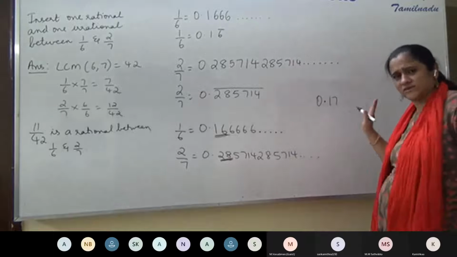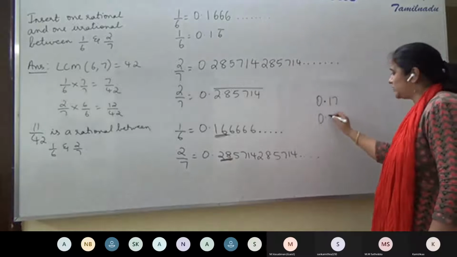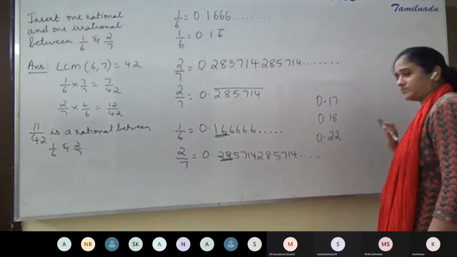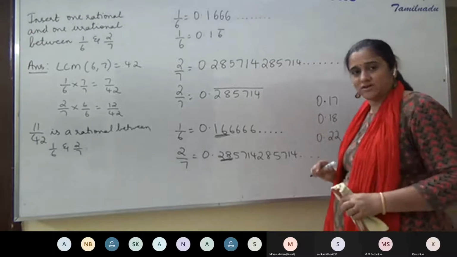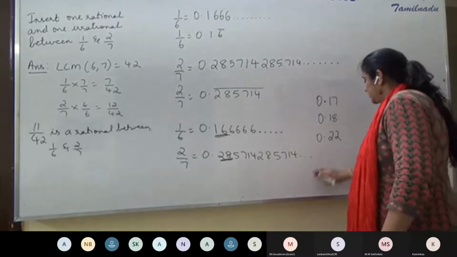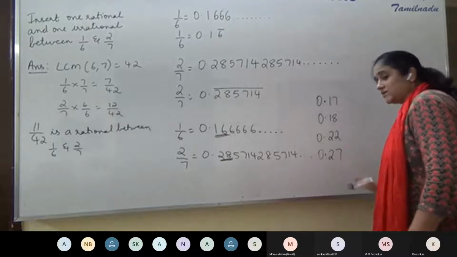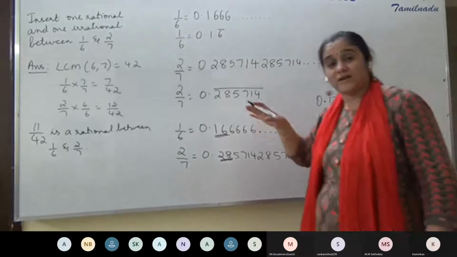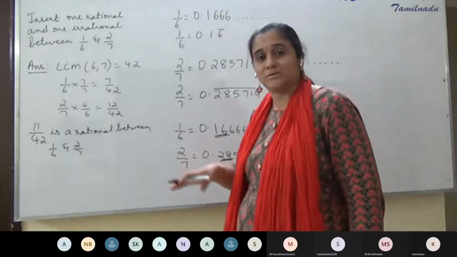You can start, it is very safe, or you can write 0.18, or you can write 0.22. You are within the range. You can write 0.27 also.